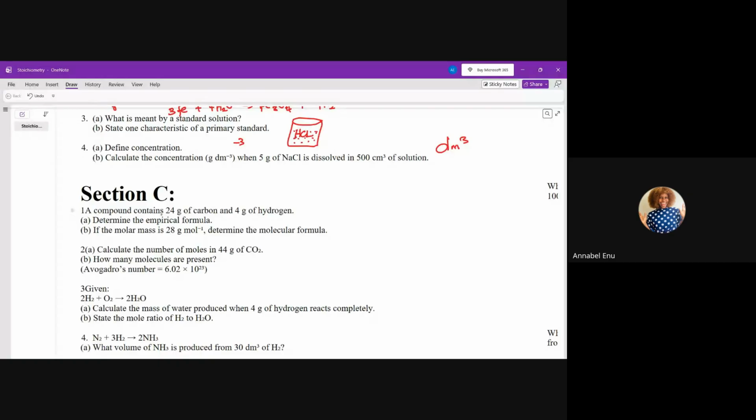This question, if you look at it very well, is very much related to the one we did earlier. They said it is 24 grams of carbon, and that is the mass of the carbon. But we know that the mass of one carbon is 12.